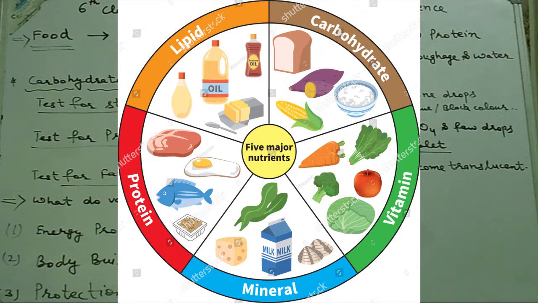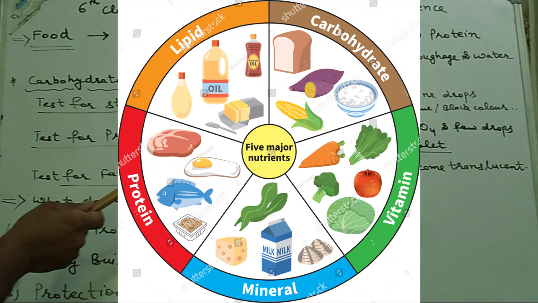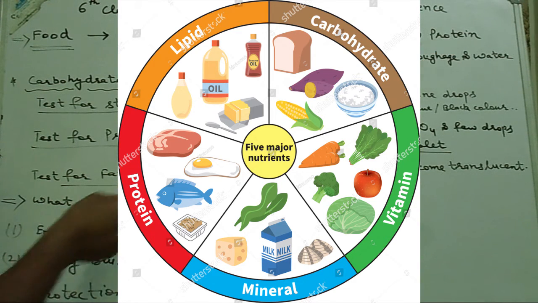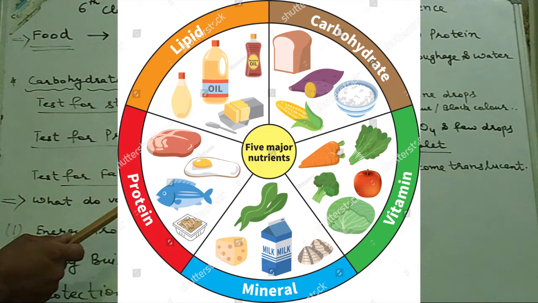As you can see on the blackboard, whatever food we eat, be it chapati, any kind of pulses, cereals, milk products, rice, every food category has these basic 5 nutrients: carbohydrates, fats, proteins, vitamins, and minerals.